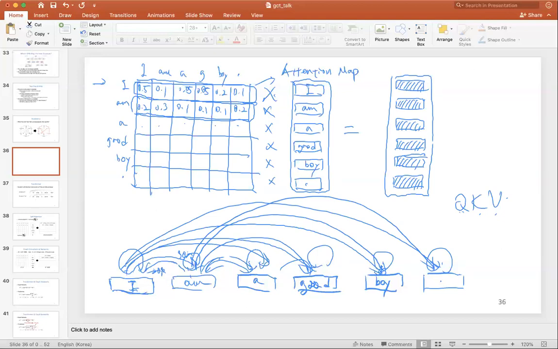for example, as I said, I comma M and M comma I. Intuitively they should be the same thing, but if they're the same thing, then the power of this attention map and the power of this encoding process is limited.